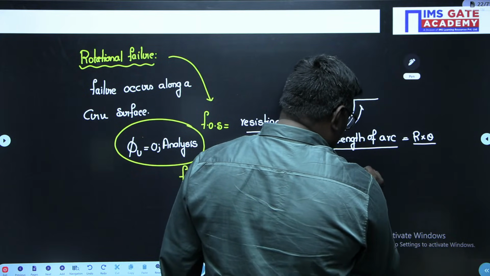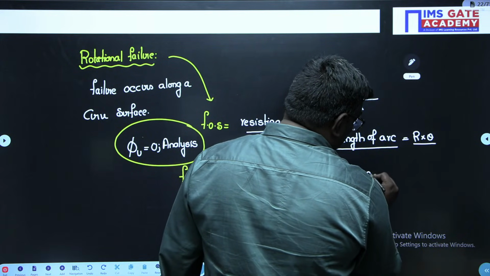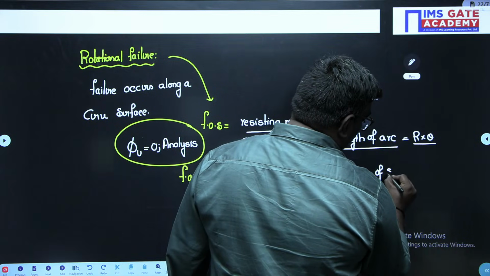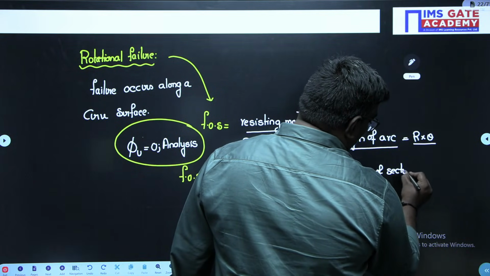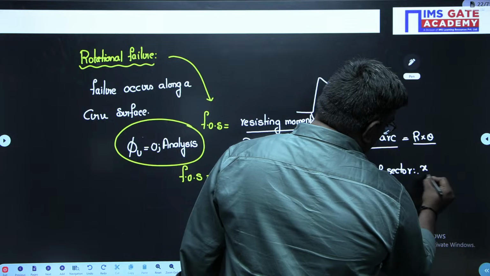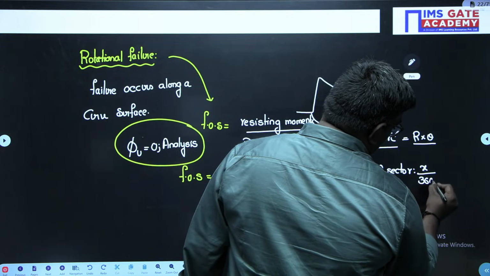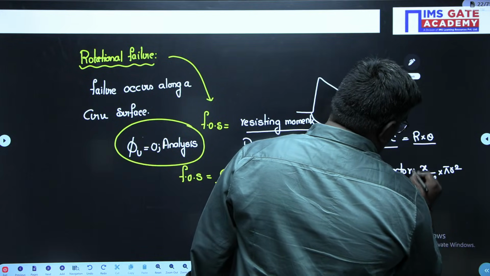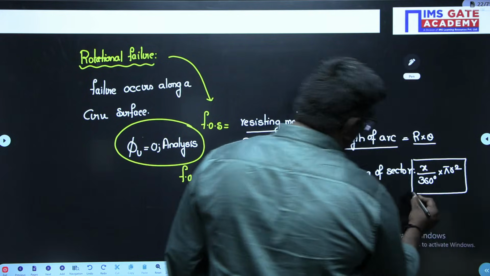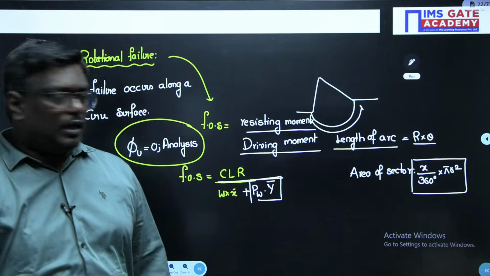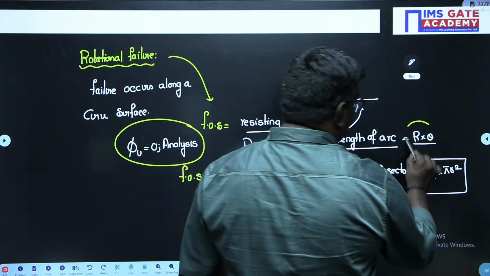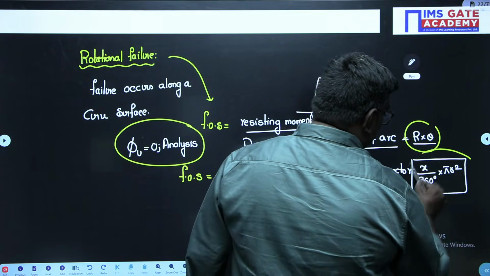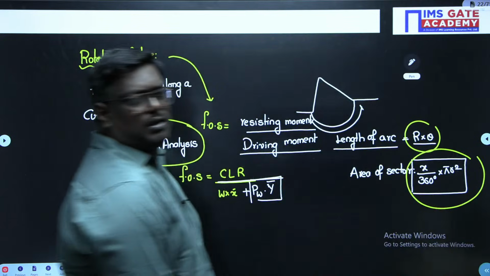If you don't know this also, please try to write. Area of sector is given by the formula theta by 360 degrees into pi r square. This is the length of the arc formula and this is the area of the sector formula.